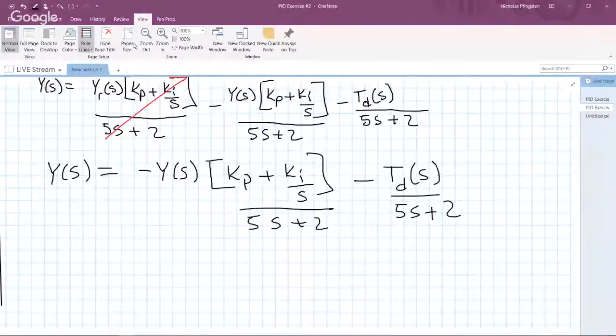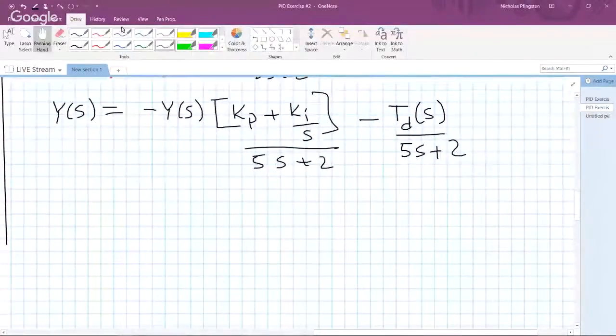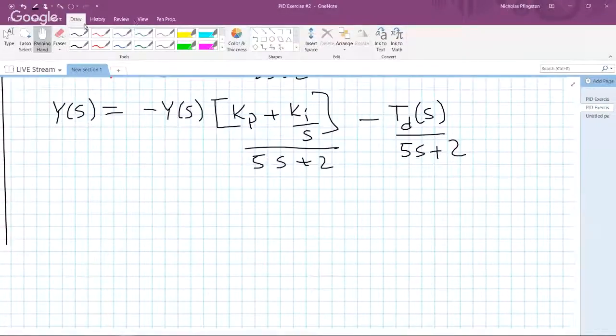So now we can rearrange and get our new transfer function that describes the gain of the system, and the gain being the output over the input.